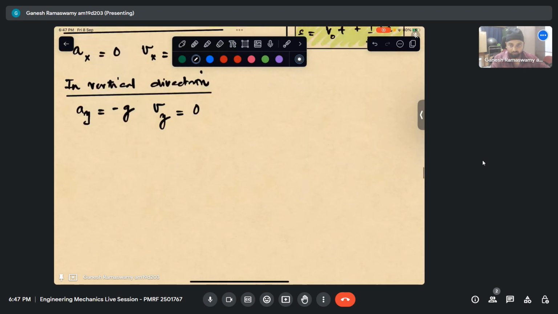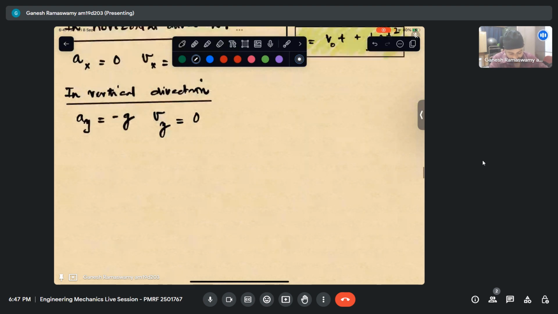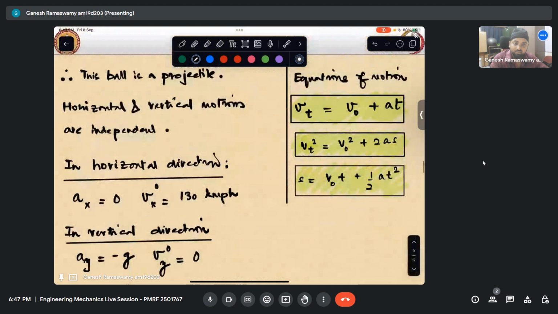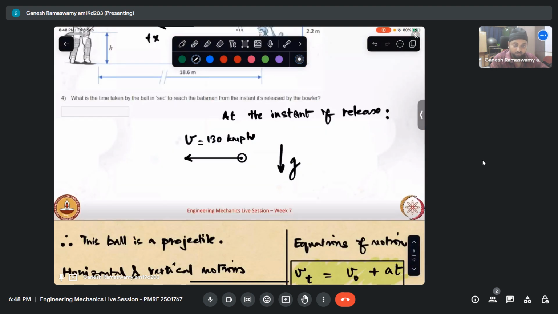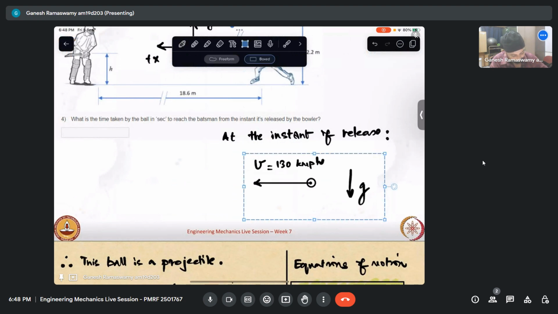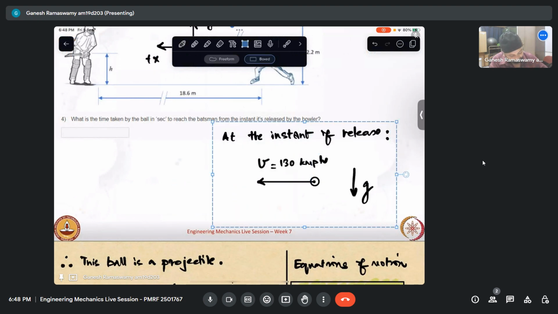So in the vertical direction, I have ay equal to minus g and initial velocity equal to 0 at the initial juncture. So now it is just a matter of applying these equations of motion. So let us see what the question asks. So this is what happens at the instant of release.